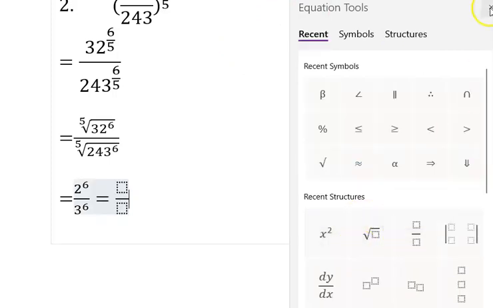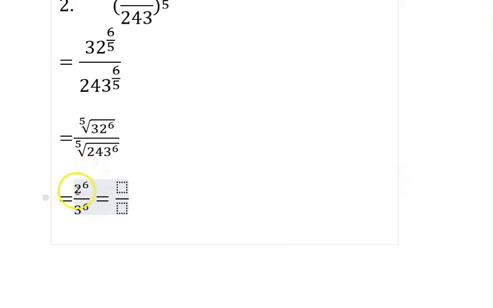Beautiful. So if you say 2 raised to power 6, that is, you are multiplying 2 6 times. You can leave your answer like this, or you can still put it in this form. You can just multiply it and see what you are going to get. 2 times 2 is 4. 4 times 2, 8. 8 times 2, 16. 16 times 2, 32. 32 times 2, that's 64. So you have 64.